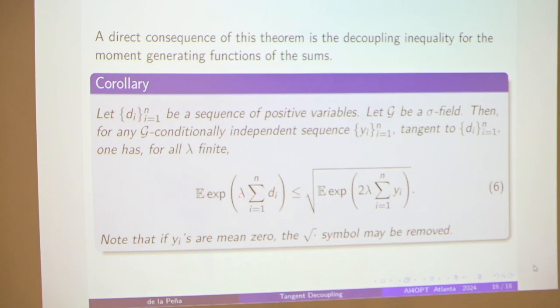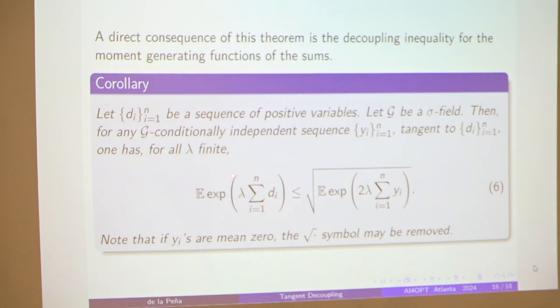If you want to estimate the moment generating function of the sum of the d's, the inequality that I just showed you applies, because this is a product of e to the lambda di.